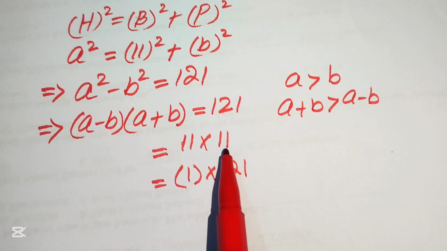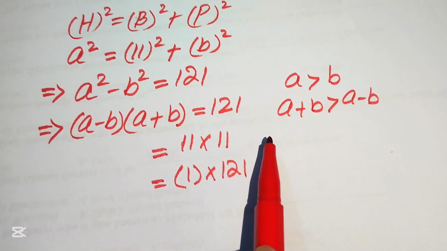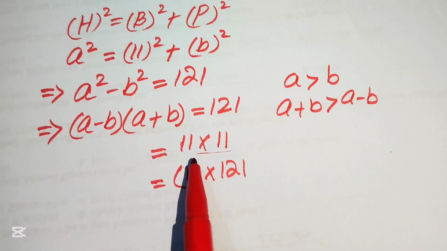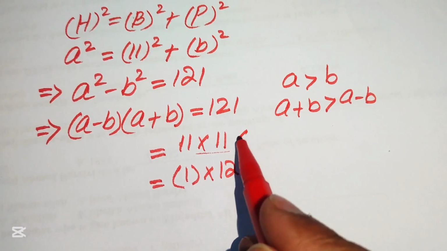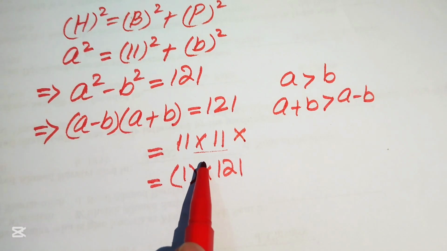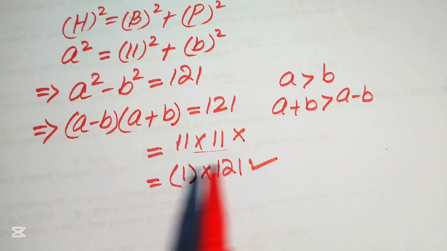If you focus on the first possibility, we need one number to be greater than the second number. But these two numbers are equal, so this does not satisfy the condition, so we reject this case and proceed with the other case only.